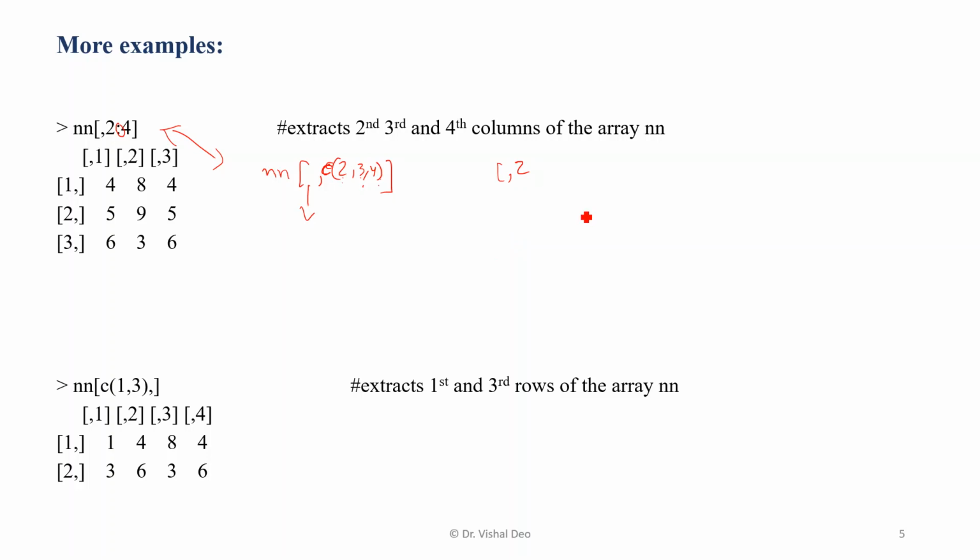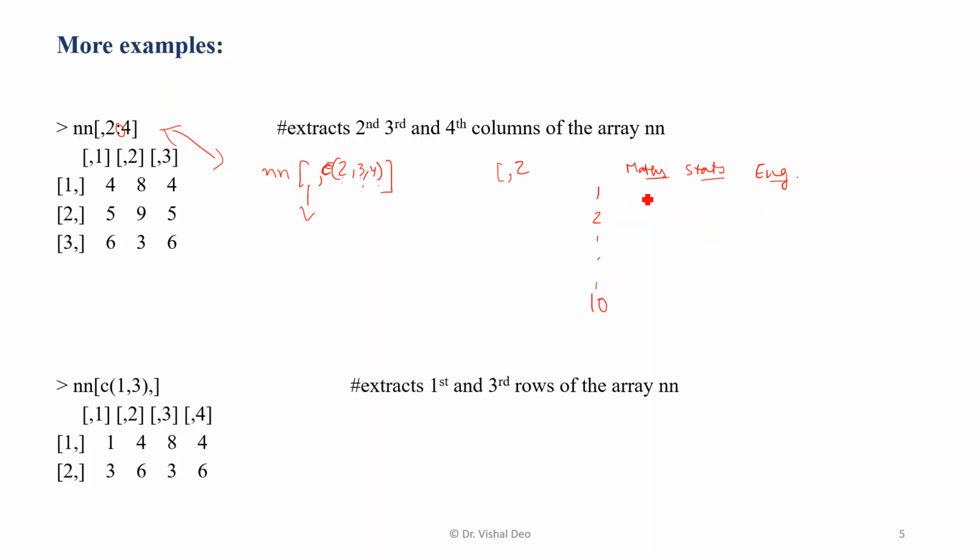For example, suppose you are collecting a data on certain number of people, let's say 10 people, A, B, C, and so on. Suppose there are 10 people, 1, 2, 3, 4, up to 10, and you are collecting data on, suppose, marks in maths, marks in stats, marks in English, and you want to write this data in a collective format in some kind of structure. So you can use arrays.